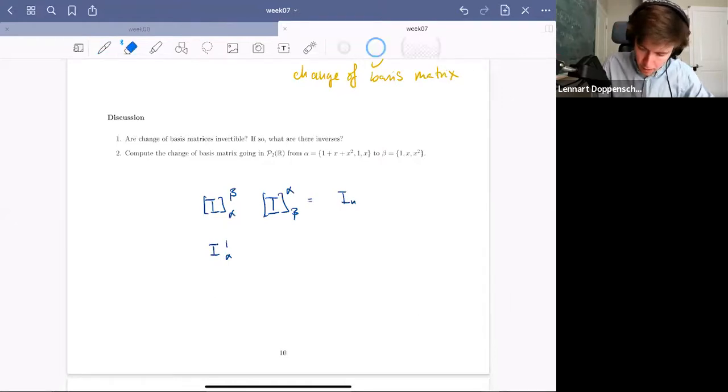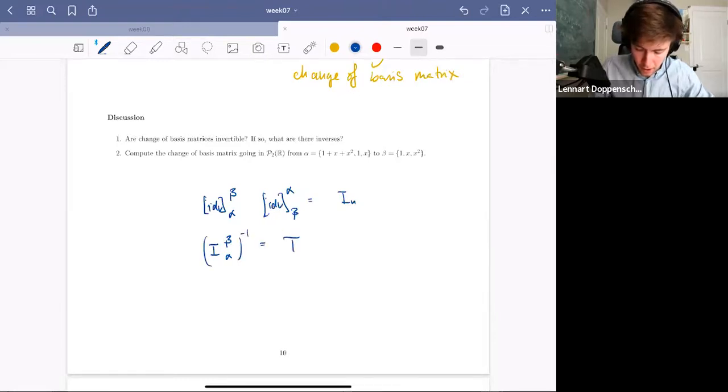This notation is not ideal; this is actually the identity transformation. So this means the change of basis matrix I alpha beta is the change of basis matrix going backwards, just by the property of matrix multiplication. A matrix inverse is a matrix that multiplies with a matrix to give the identity matrix.